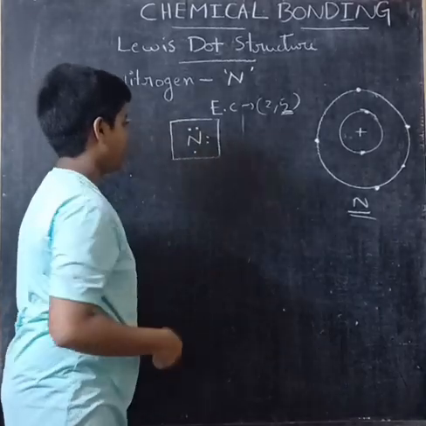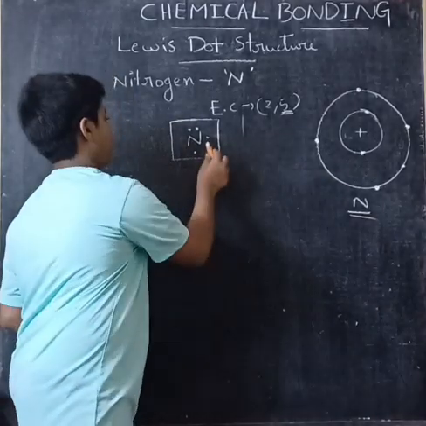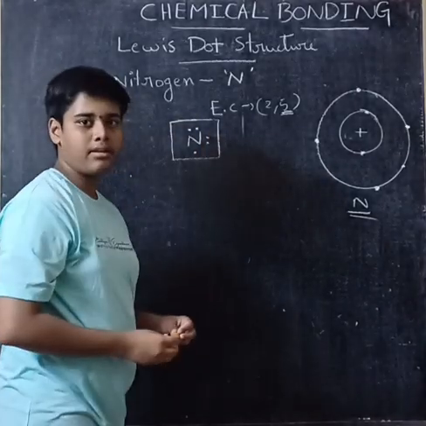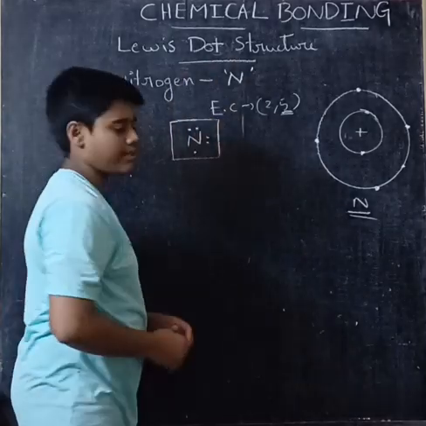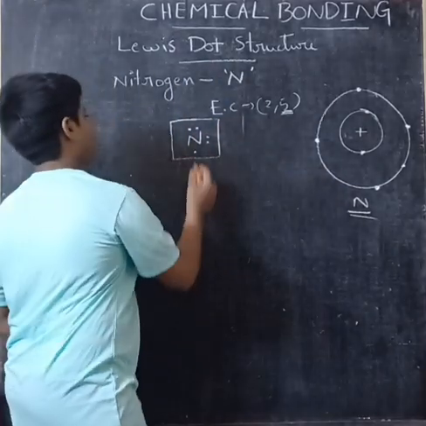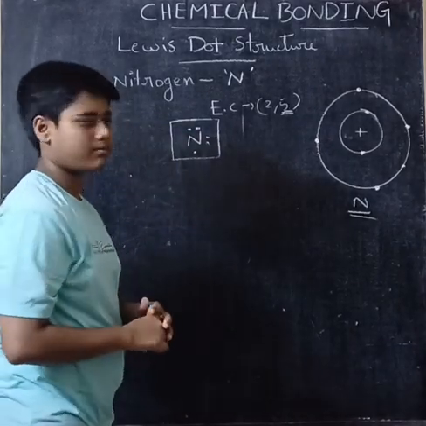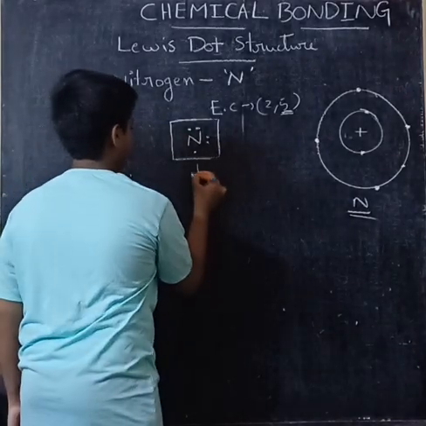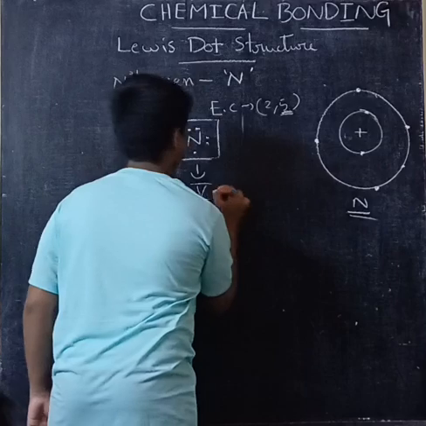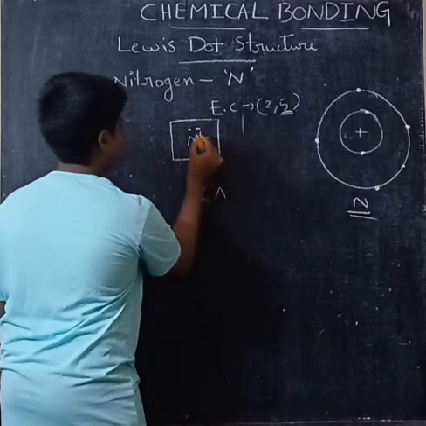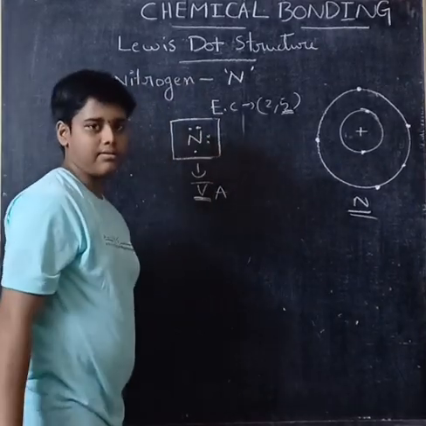Here, the valence electrons are represented like this with dots, and this is called the Lewis dot structure. This nitrogen is in group 5A, and the group number represents the valence electrons.